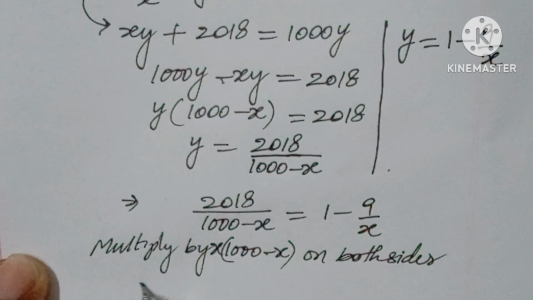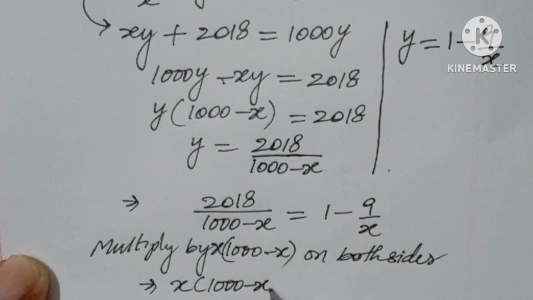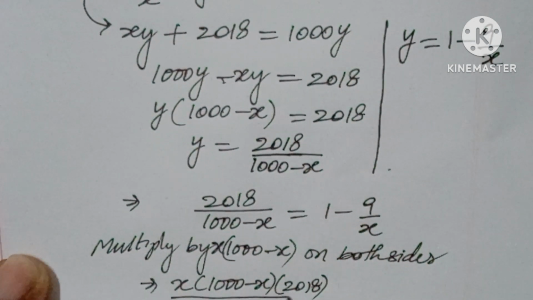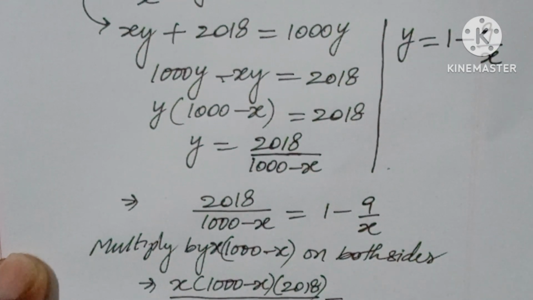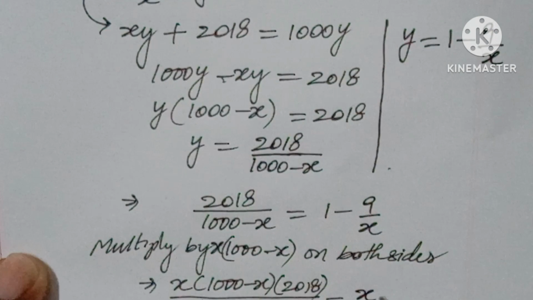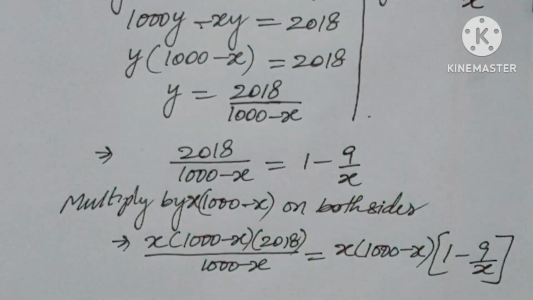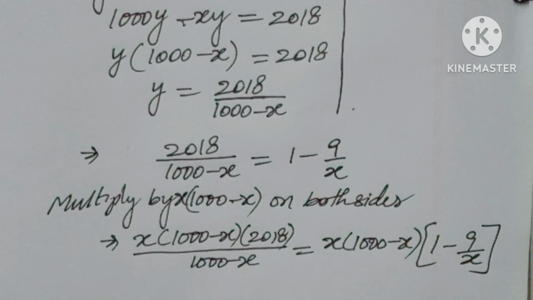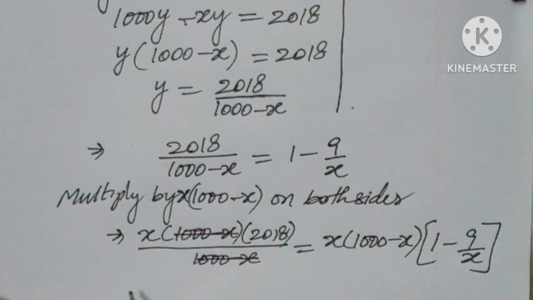So we get x into 1000 minus x into 2018 over 1000 minus x is equal to x into 1000 minus x into 1 minus 9 over x. Multiplying with x into 1000 minus x on both sides, this value will get cancelled.